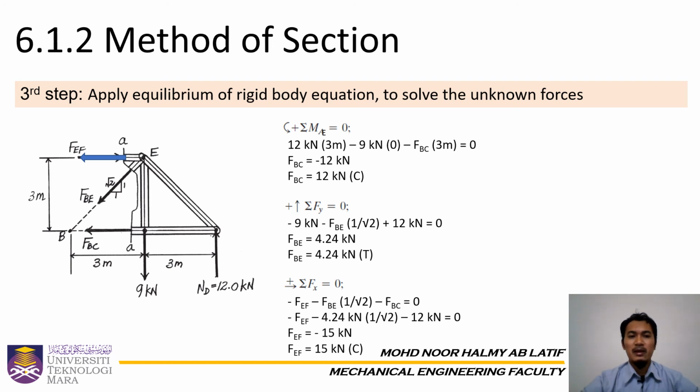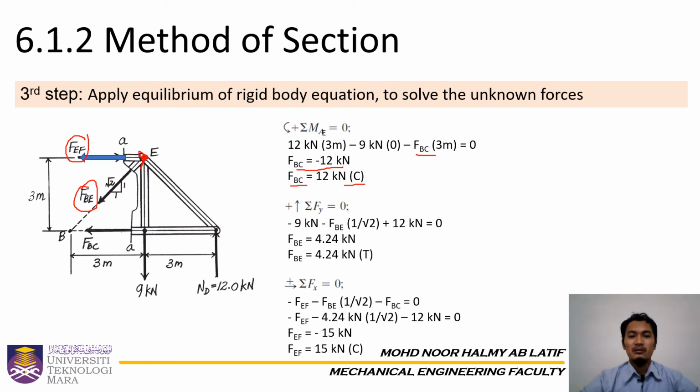Next step is to apply equilibrium of rigid body equation to solve the unknown force. Here, by using summation of moment at point E, since E has two unknown, which is FEF and FBE, we're going to get FBC is equal to negative 12 kilonewton, which shows that the FBC is 12 kilonewton in tension.